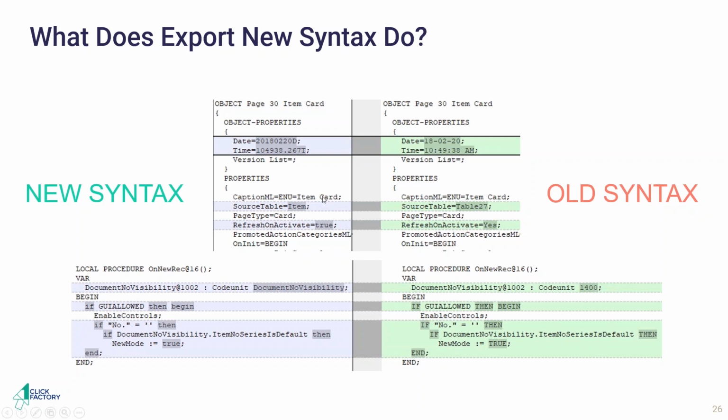In the new syntax, we have a specific name, for example, on the old it is table 27, and on the new it is item. Also, there are some differences that are added to the code. The first one is that most of the ID-based objects are changed into specific names. For example, codeunit 1400 is changed to document no visibility.